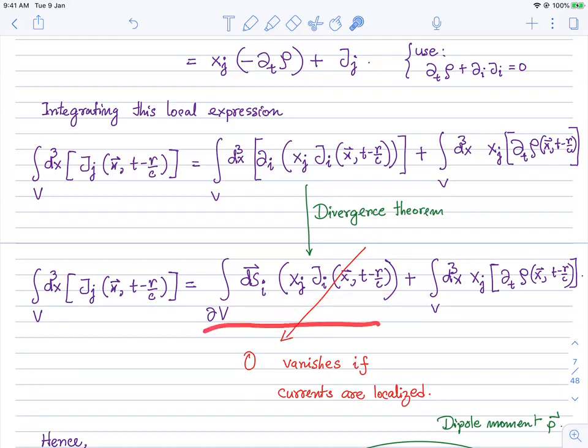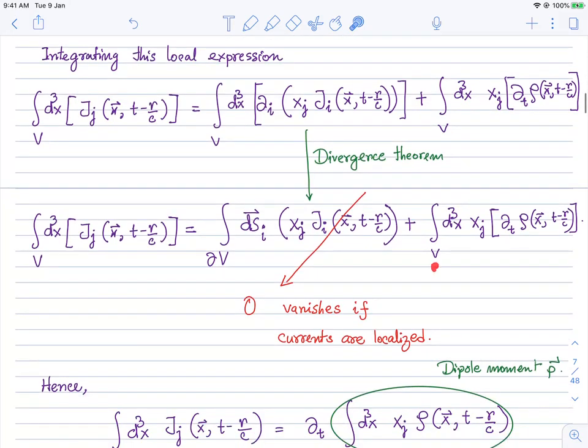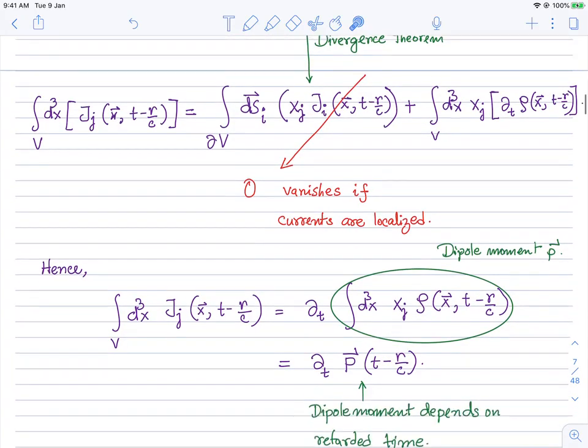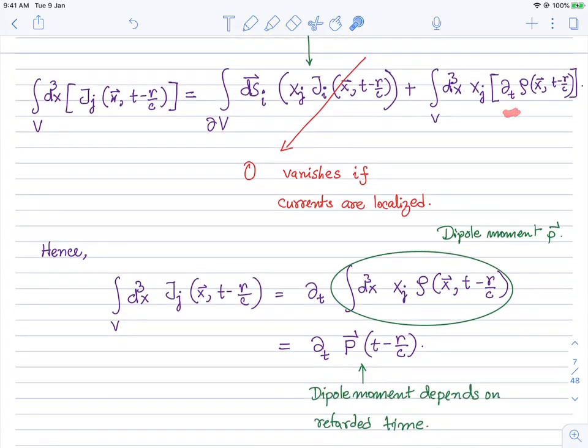So this boundary term does not contribute, but there is a contribution from the divergence of J term, which is now written in terms of the time derivative of charge density. Let us see what this term looks like. Of course, this is a time derivative, so you can pull it outside the integral. Inside the integral, this is exactly what you would call the dipole moment of the charge density.